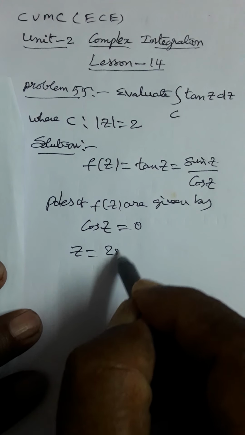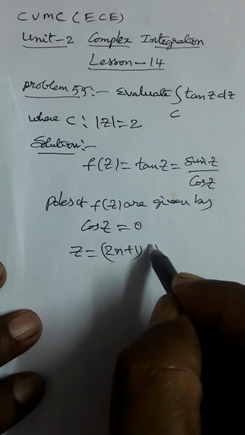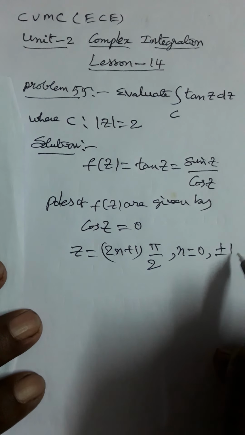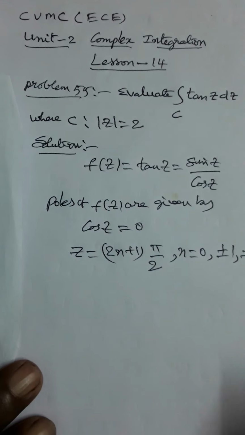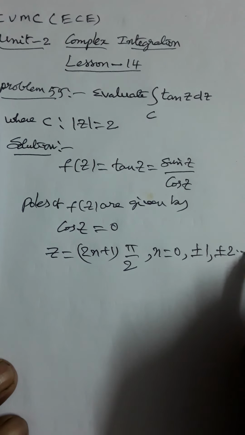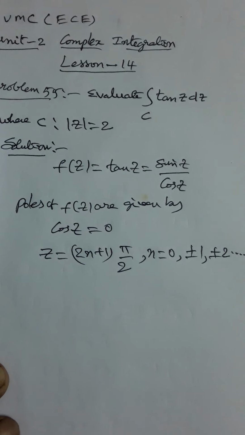So z is equal to (2n plus 1) into pi by 2, where n is equal to 0, plus or minus 1, plus or minus 2, and so on.